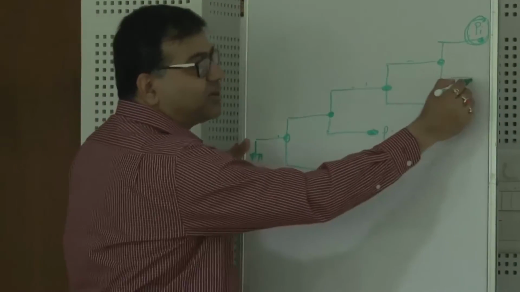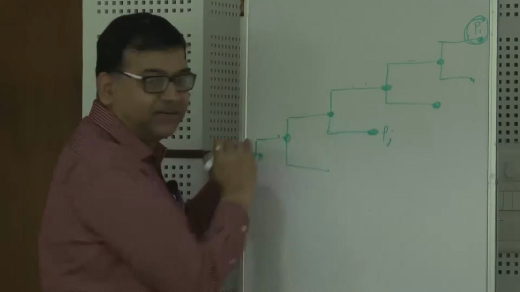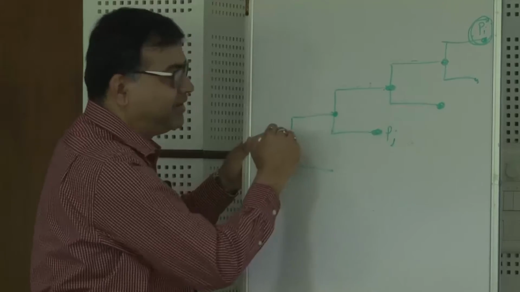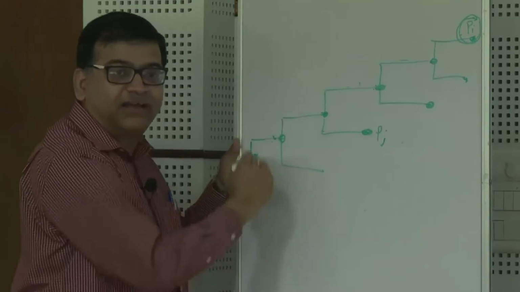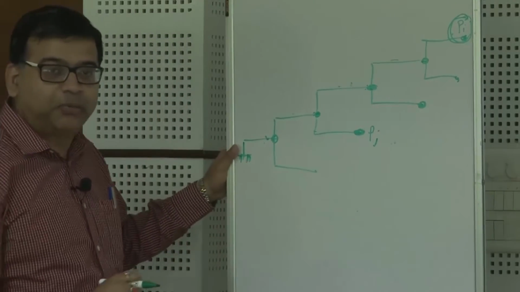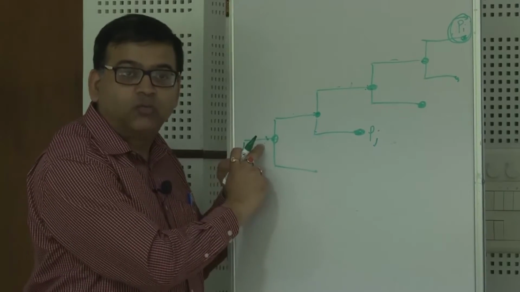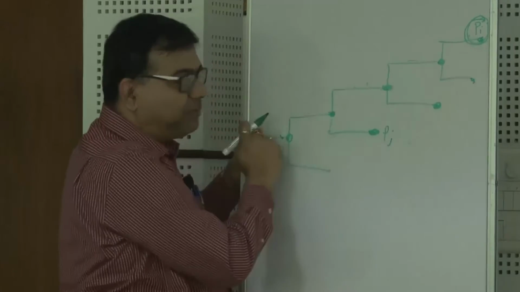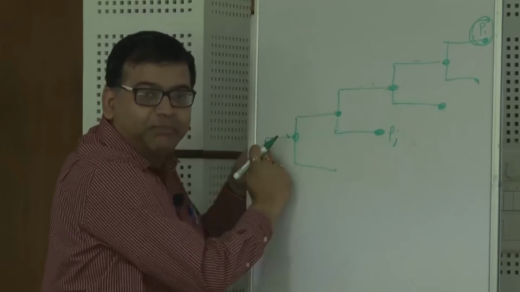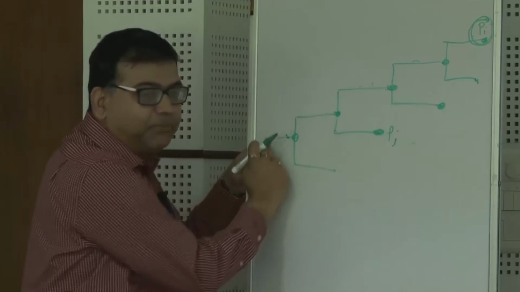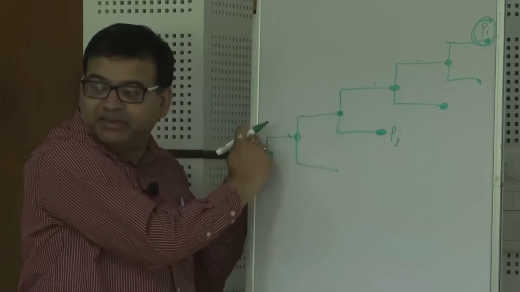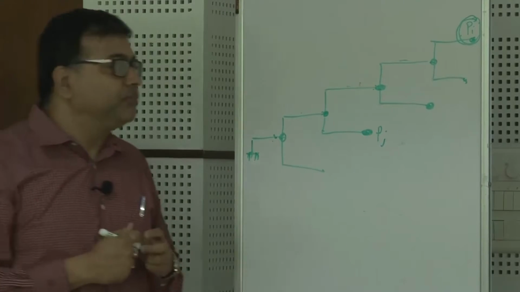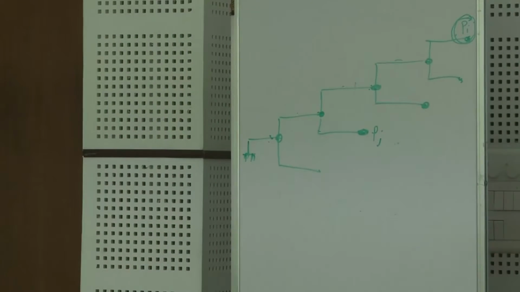If I just add up all the nodes' probabilities including the root node, I will get this probability multiplied by its depth, this probability multiplied by its depth, and so on, correct? So this is precisely what the proof is.